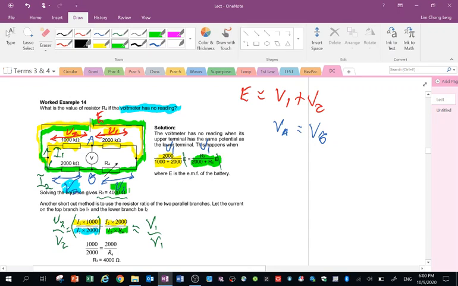V1 divided by V1 is equal to V2 divided by V2 because of the same ratio. So you should be able to obtain the value R4 equals 4,000.